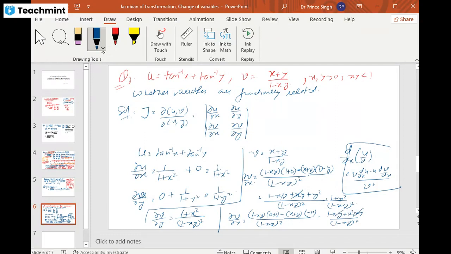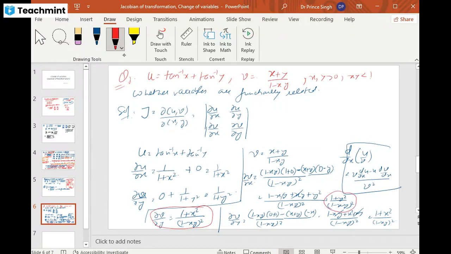So xy cancels out. So this is 1 plus x square upon 1 minus xy whole square. So either we can directly calculate this particular result, or we can use the formula also. But like I told you, when we solve MCQ type problems, we need to save our time.